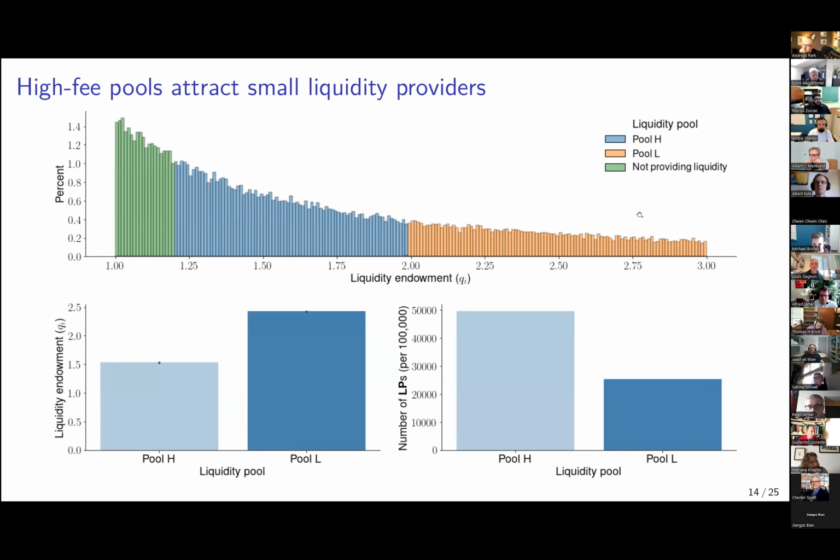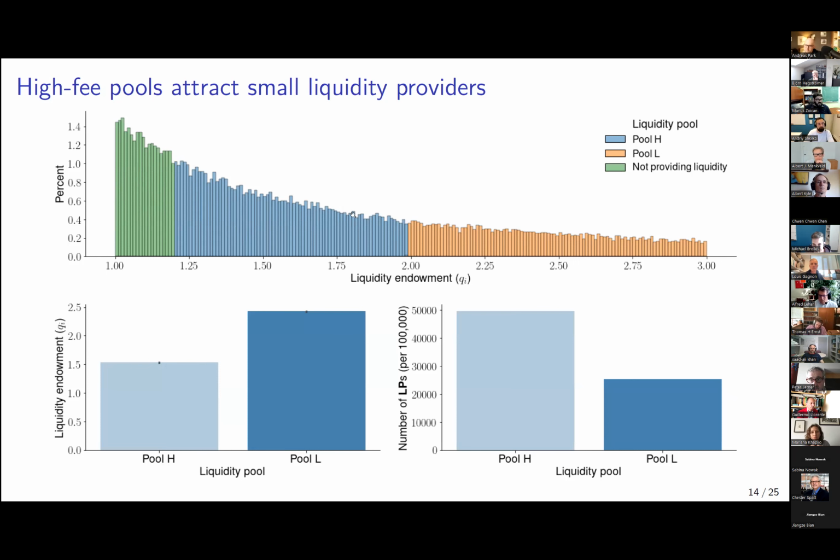So this is how the clienteles look in equilibrium. There could be a mass, though it's not needed to be a mass, of very small liquidity providers for whom the gas prices are very expensive, and they are going to stay out of the market. They don't have to provide liquidity.